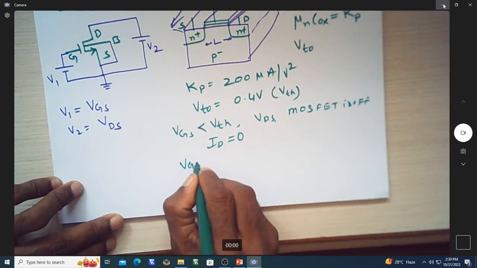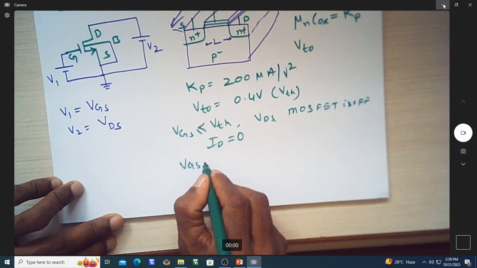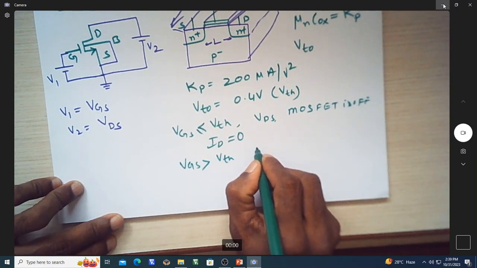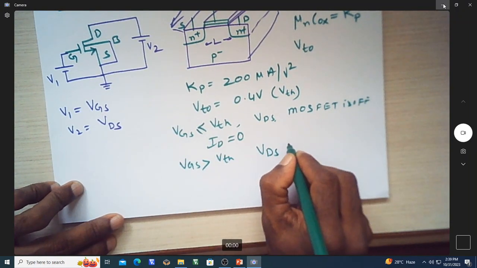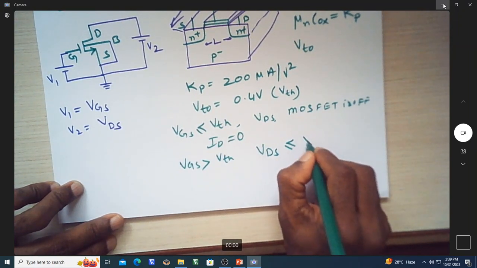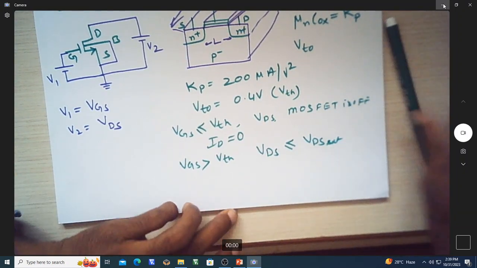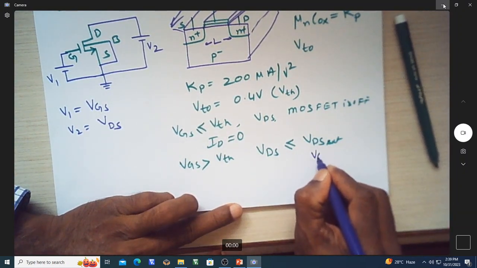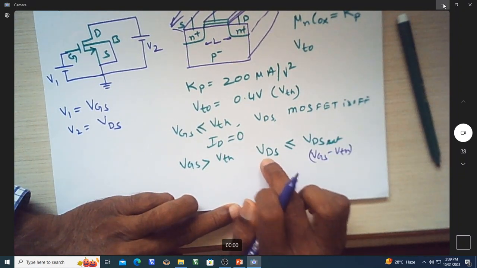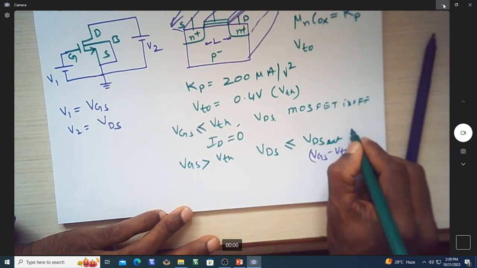Suppose for the transistor to turn on, VGS has to be greater than VTH. Suppose the drain to source voltage is less than or equal to VDS SAT, where VDS SAT is given by VGS minus VTH. If this VDS is less than VDS SAT, I will say MOSFET is in linear region.